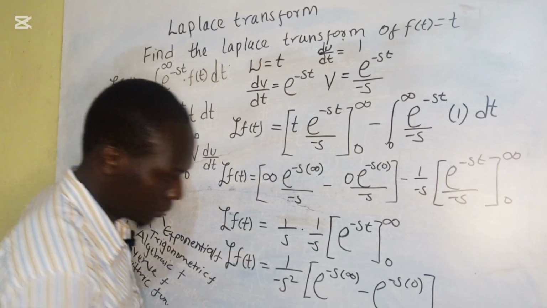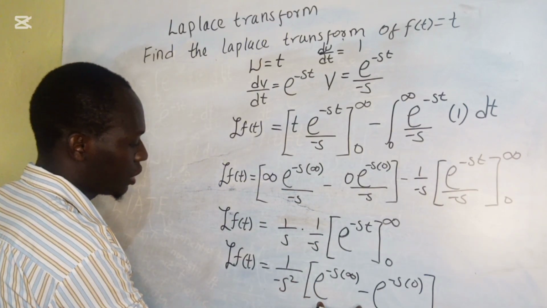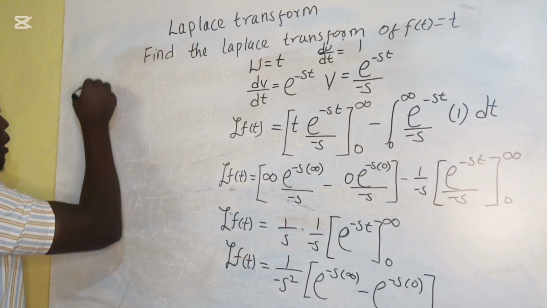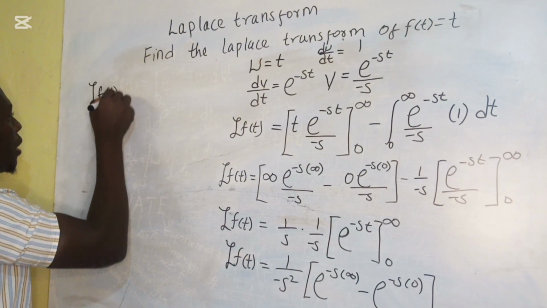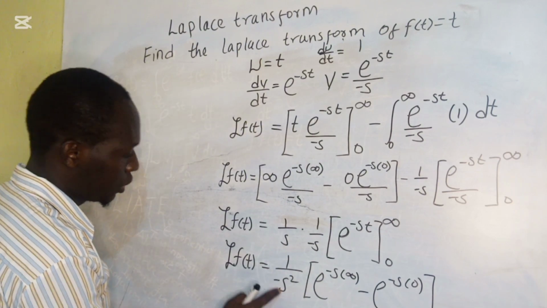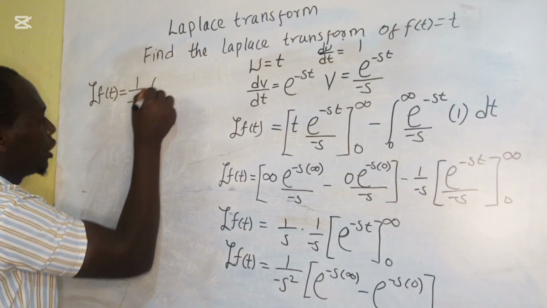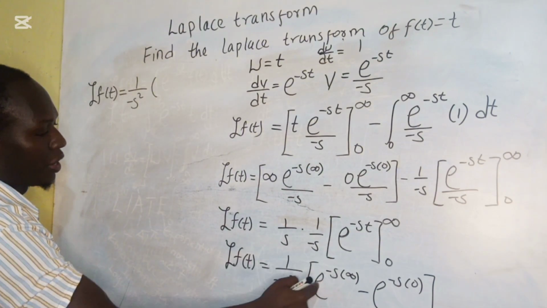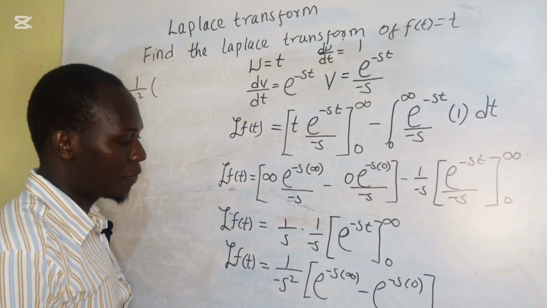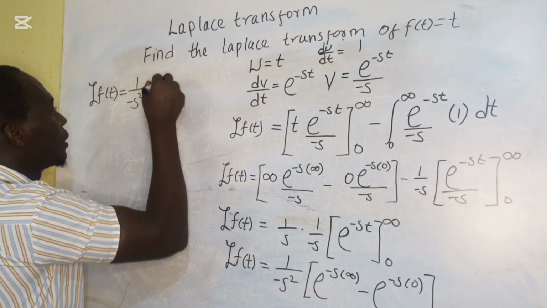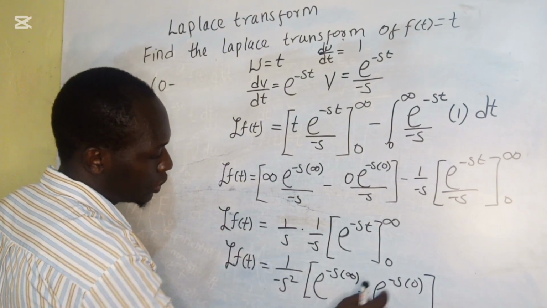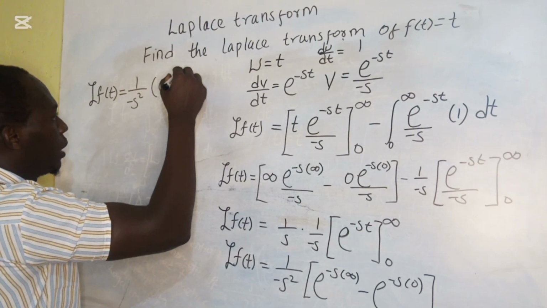From this point now, we understand that the Laplace transform of our function f of t is going to be equal to 1 all over negative s squared into exponential raised to a power of infinity. We are going to have 0, we subtract from it, this one is going to be 1.